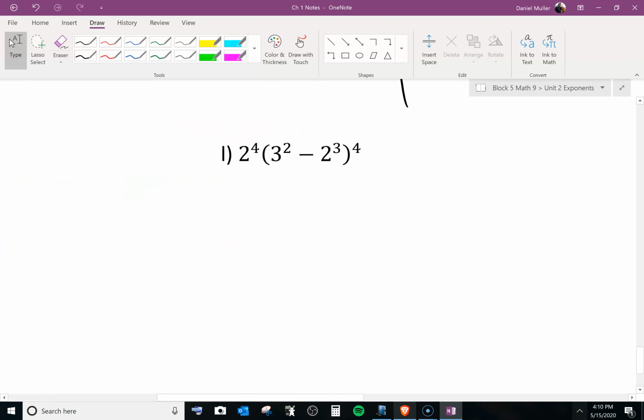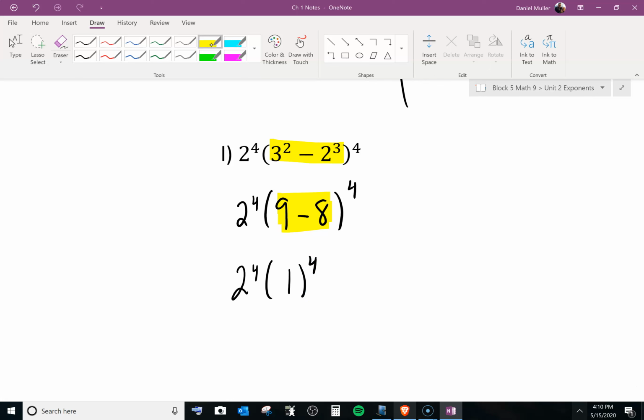So the last question here, there's a lot of exponents, but we're going to do inside the brackets first. So I've got 2 to the power of 4. Now 3 squared is 9, minus 2 cubed is 8 to the power of 4. I still have more to do on the inside. 9 minus 8 is 1.